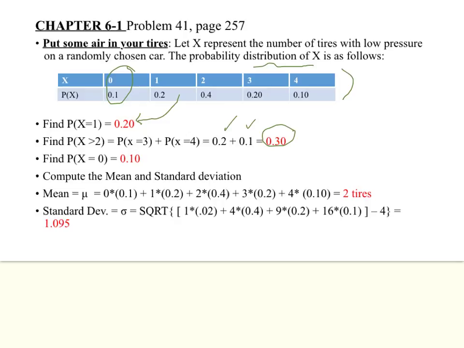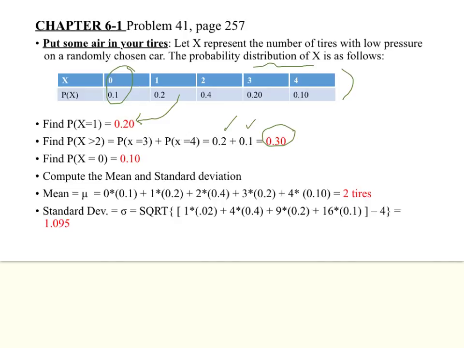The next two questions have to do with the calculation of mean and standard deviation. In this particular case, it's not the binomial, I'm sorry. It's computing the standard deviation, and of course the mean, that is. In this case, we multiply the probability times its value of x, and we sum them over the entire probability distribution.